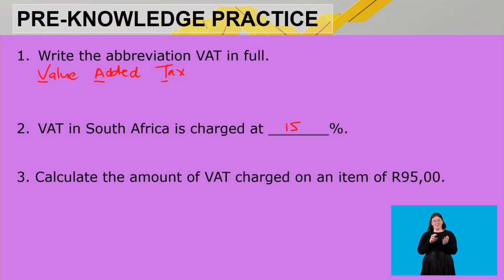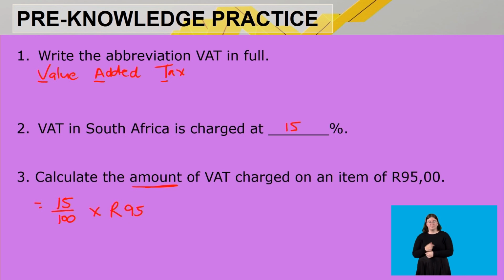Question number 3. Calculate the amount of VAT charged on an item of 95 Rand. Remember we said the percentage is 15%, but now we want to know what is the amount, not the percentage. So therefore I will say, that will be 15 over 100, which represents our 15%. Of means I multiply the 95 Rand that we are working with.